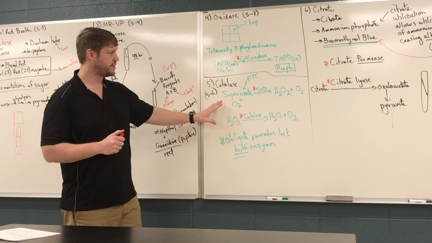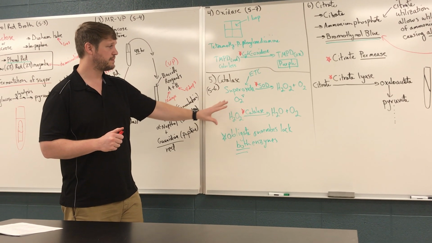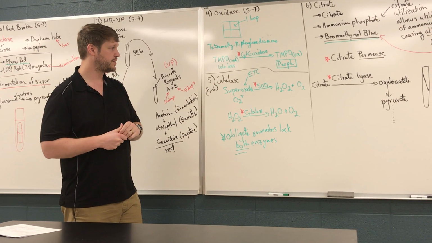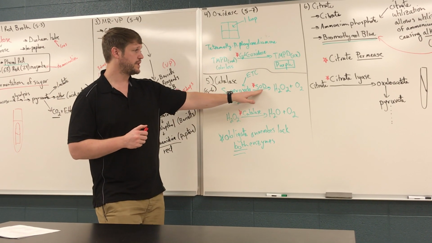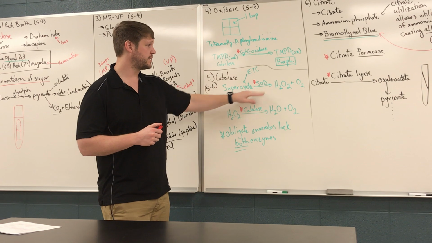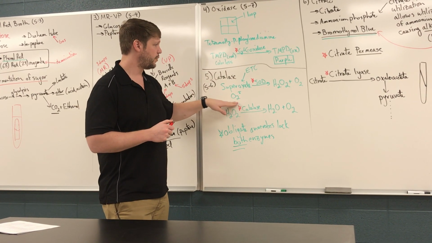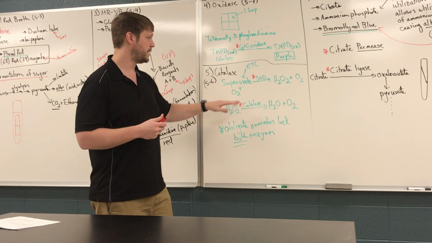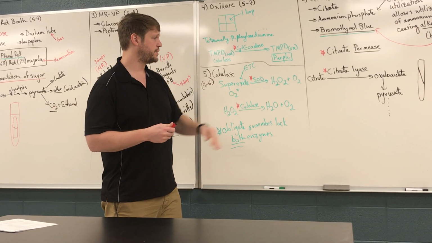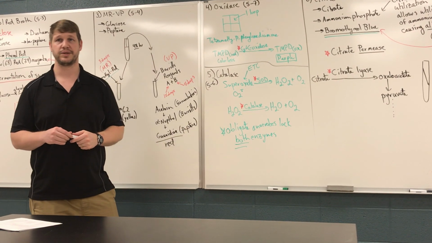So most organisms that are utilizing oxygen are going to have a couple of enzymes to help deal with that superoxide that gets generated. The first one is called superoxide dismutase, which is going to basically react superoxide with water and with hydrogen, and we're actually going to end up generating some hydrogen peroxide and some oxygen.